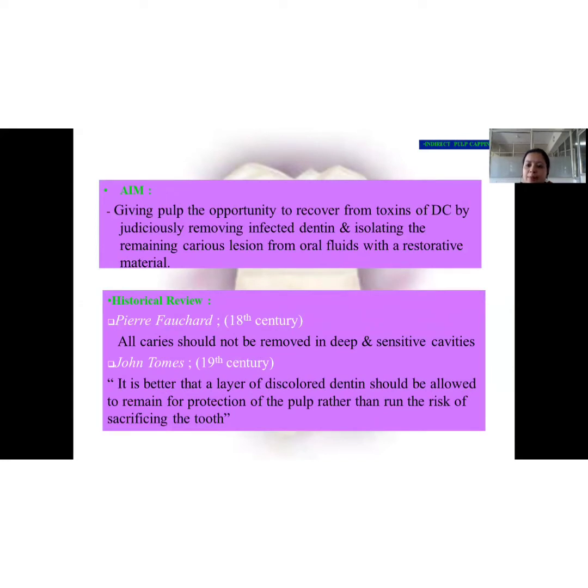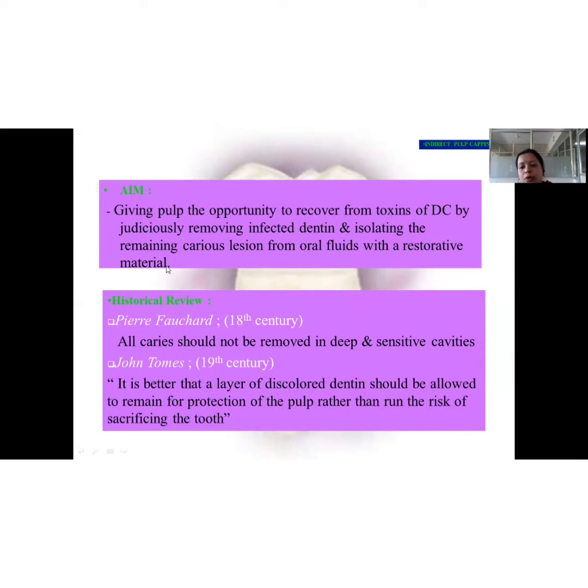So, what is the aim of IPC? That is, what is the aim of your indirect pulp therapy? Giving the pulp the opportunity to recover from toxins of dental caries by judiciously removing infected dentin and isolating the remaining carious lesion from oral fluid with a restorative material.